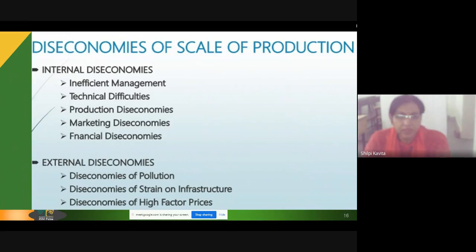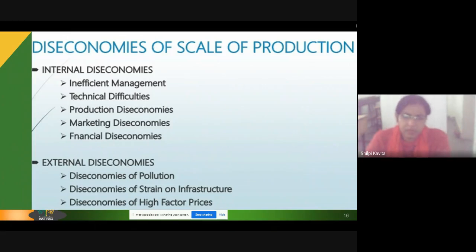That is the disadvantage of large scale production because we know even the proper coordination of all the four factors of production is very difficult. Or even among the factors of production, if I talk about labor only, many times you must have heard of strikes, industrial lockouts, trade unions. So these are some of the internal diseconomies.